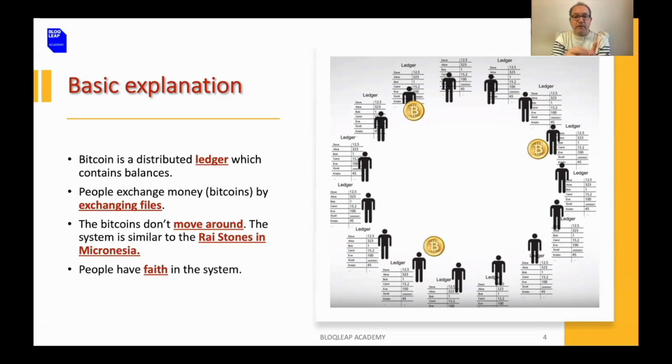Does this wallet have 1 Bitcoin? He checks and says, okay, yes, it's got 2 Bitcoins, so it's okay. Then he checks that the other wallet is empty, but it's working. So this old man is going to authorize the transaction and give a kind of ID to this transaction. So this transaction is going to be called blah, blah, blah.